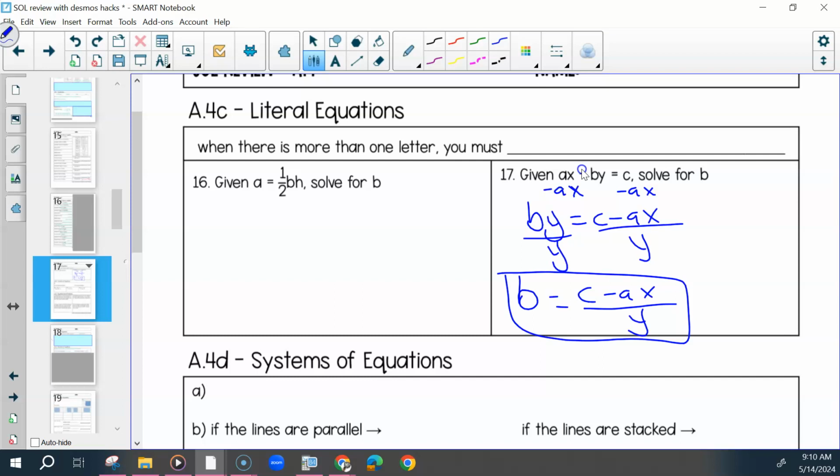Use 16. This one. Yeah. So for number 16, if we're trying to solve for b, we have to get rid of the 1/2 and the h. There are different ways to do this, but the easiest would probably get rid of the 1/2 by multiplying by 2 on the other side, by multiplying by the reciprocal.